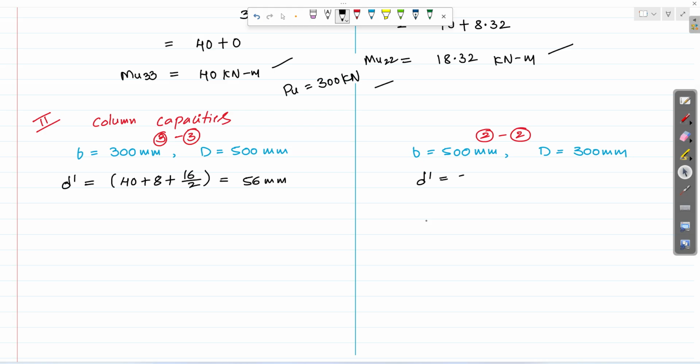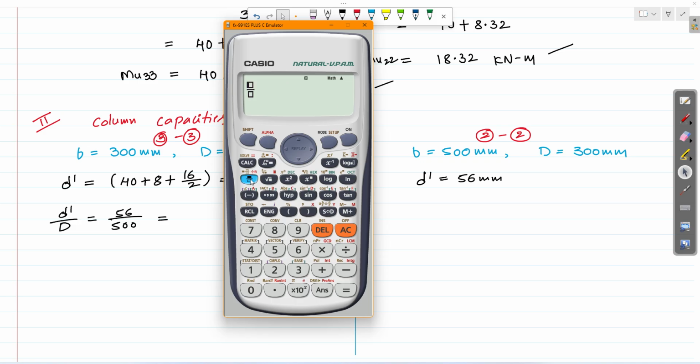About this axis also 56 millimeters. So next D dash by D. So D dash is 56 divided by D 500, which will be 0.112.